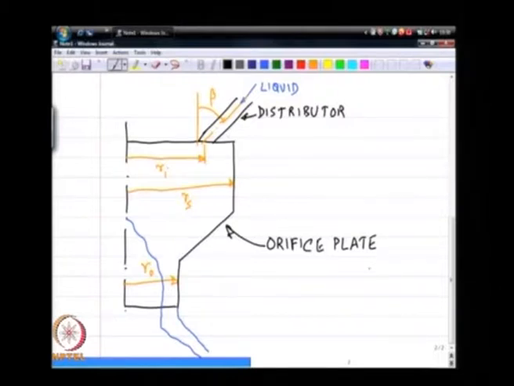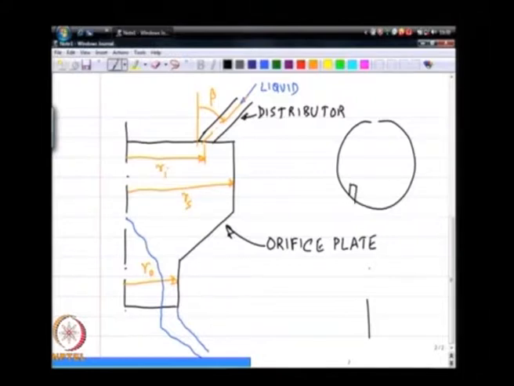Now, the distributor element brings in fluid at some angle beta, as well as having a swirl component. If I look at the top view of the distributor plate, essentially it could be a set of slots.